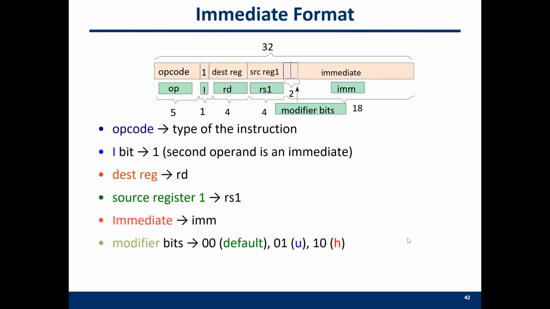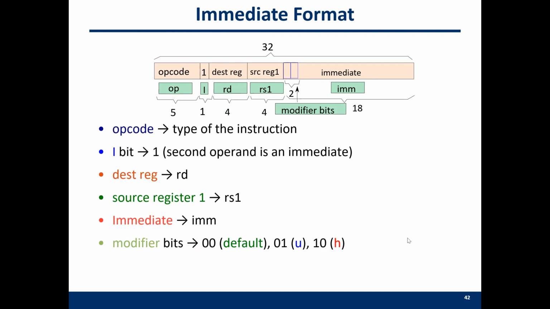So if you do have an immediate, for the encoding of the immediate data. So if you have immediate data, you also need to specify whether it's signed data or unsigned data.